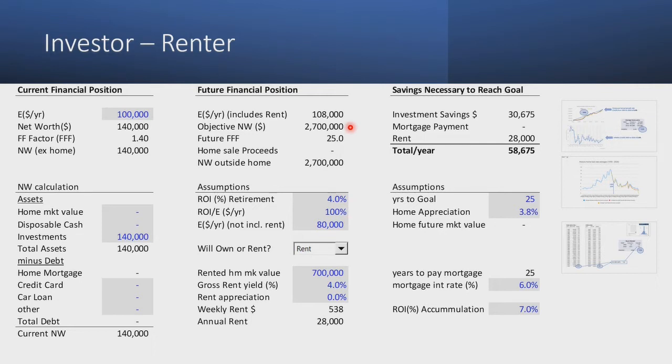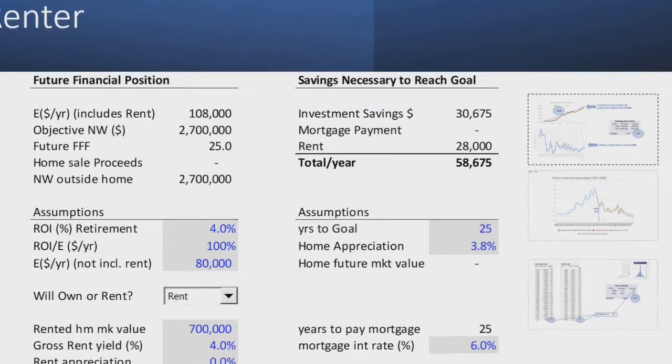A couple of assumptions that I have to make to compute these numbers here. Well, the years that are necessary to reach the goal, you can select here. Home appreciation is one of the assumptions I'm making.